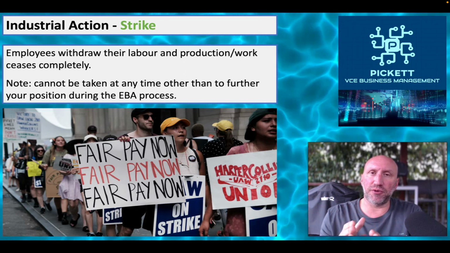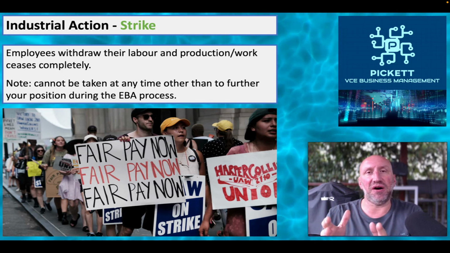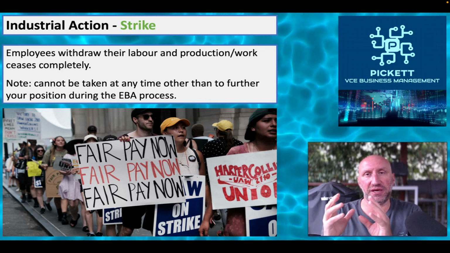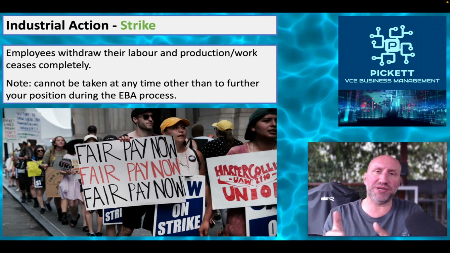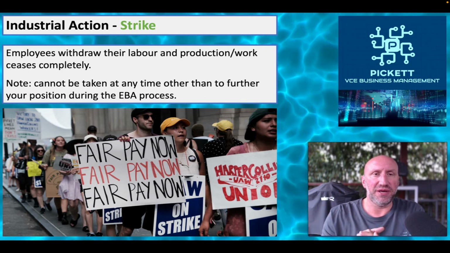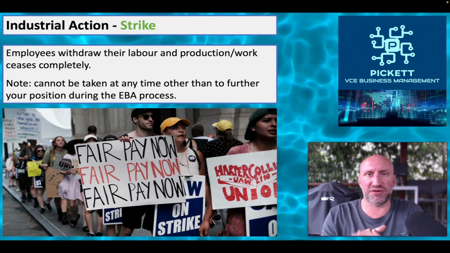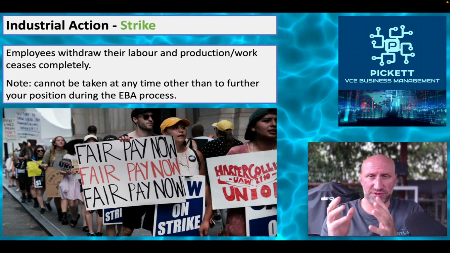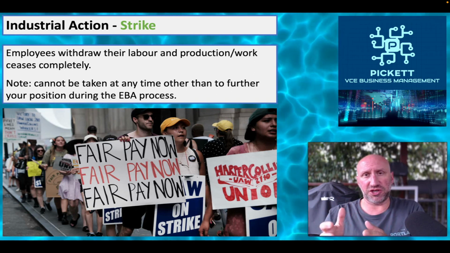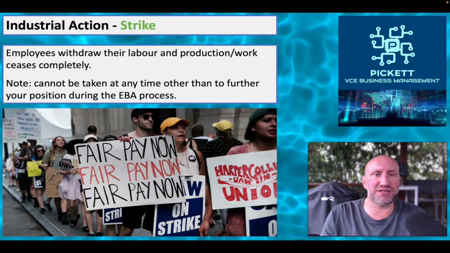Now, also going to point out here that employees cannot strike at any time other than during the enterprise bargaining process. So employees can't just decide at some point that they're upset with something in the workplace and they just decide to go on strike. You can't do that. This is only a strategy that can be used as part of the enterprise negotiation process to further your position in that process.